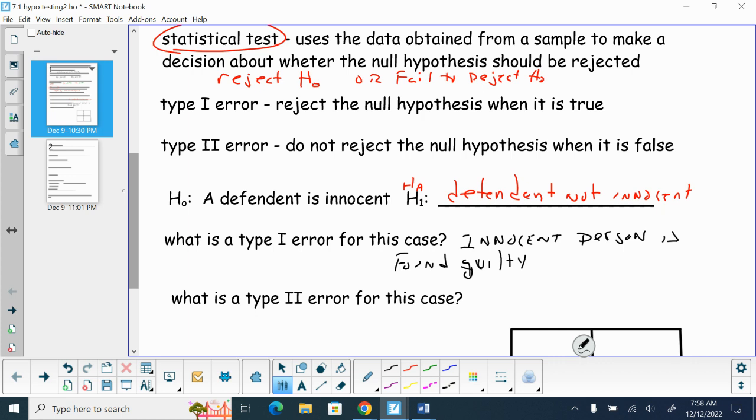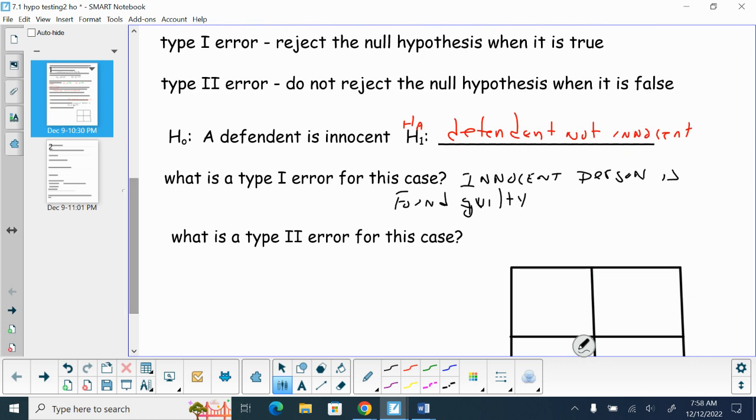What would be your type 2 error? You do not reject the null hypothesis when it's actually false. What would be the type 2 error?